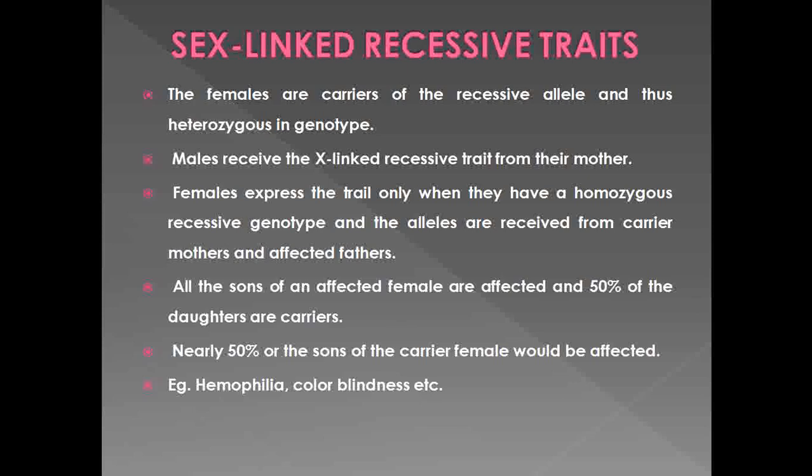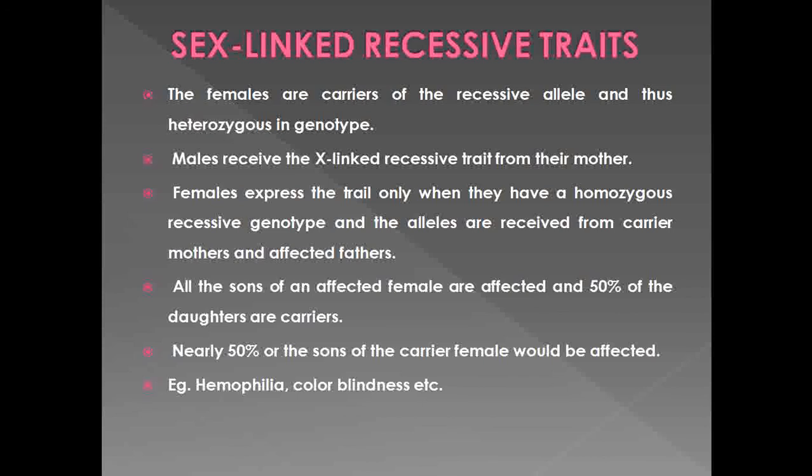The female can carry that trait from their mother or from their father. There is a 50-50% chance of transmission, 50% to the son, 50% to the daughters. Some examples of sex-linked recessive traits are hemophilia and color blindness.